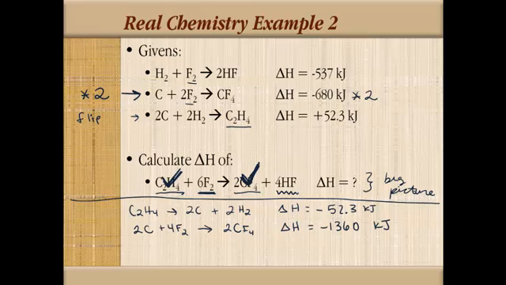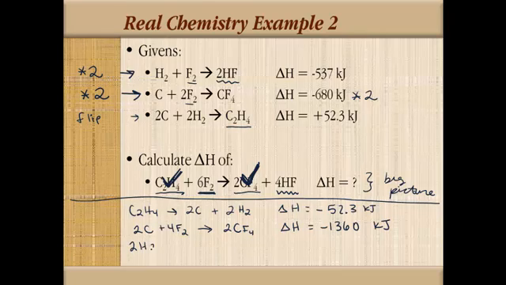Finally, 4HF, our last chemical we need to deal with. HF shows up in the reaction 1, and it's on the correct side of the arrow, but again, the coefficient needs to be multiplied by 2. I want to have a 4 on HF, and I only have a 2 on HF. So this equation here is going to get multiplied by 2 all the way through. So I'm going to write it down here.